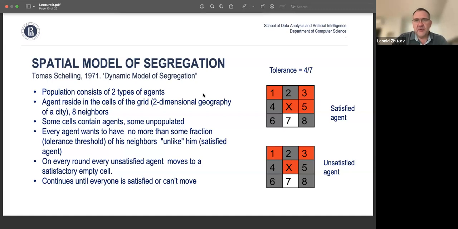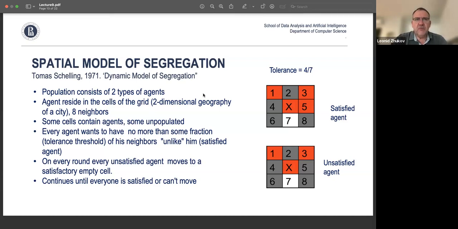Agents can reside anywhere in a cell. For every agent, there are 8 neighbors, some of them populated with agents, some not. And again, you can think about this simulation as a renters market or a buying market, it doesn't matter.